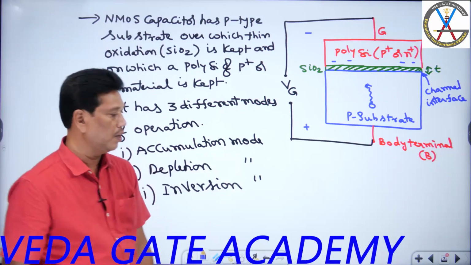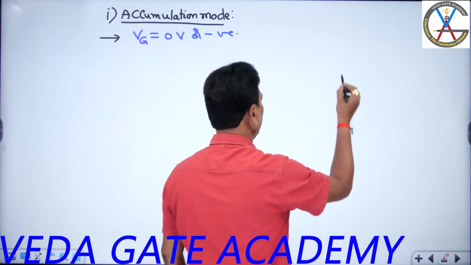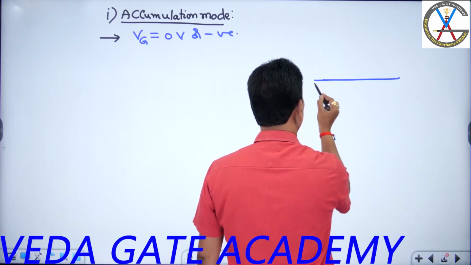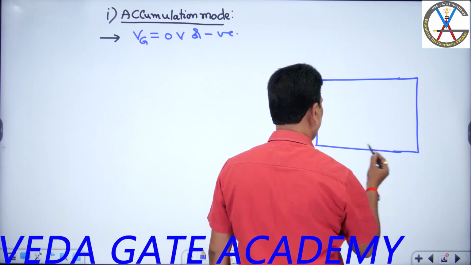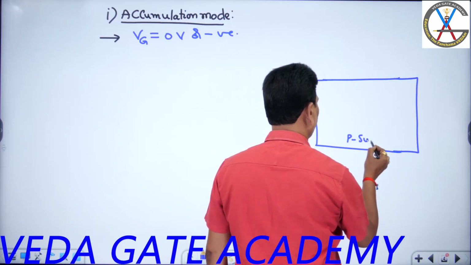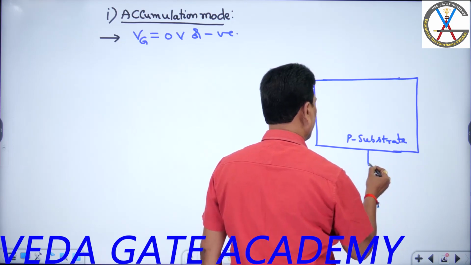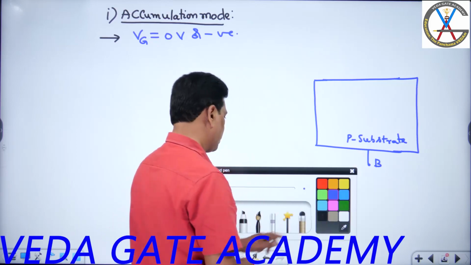Can I draw that now? Check what I told. So I can call it accumulation mode. Now I draw that structure for you, students. This is the body of the p-type substrate. This is the body terminal. You can find that the oxidation is there.